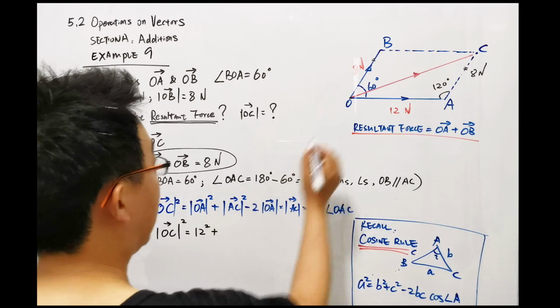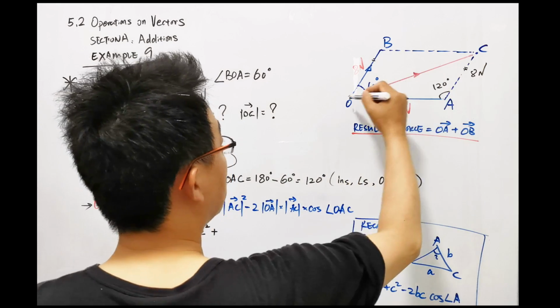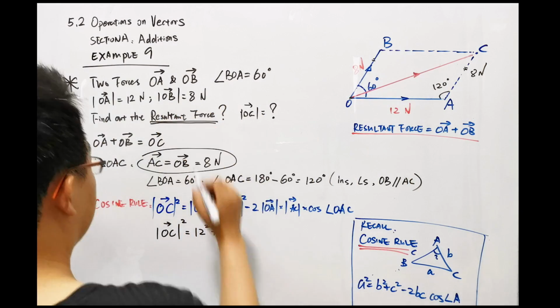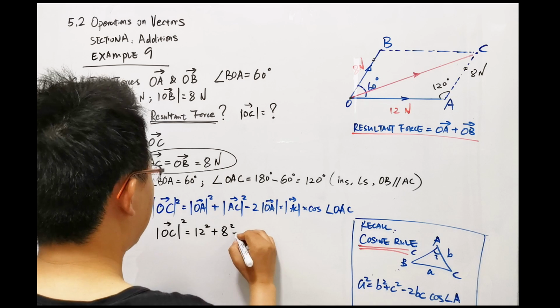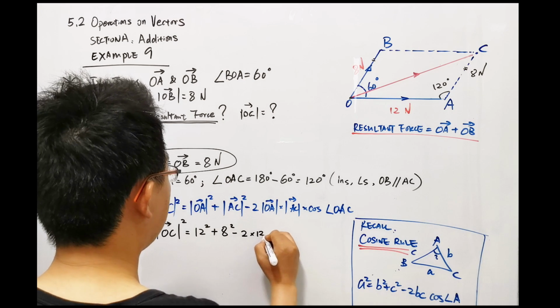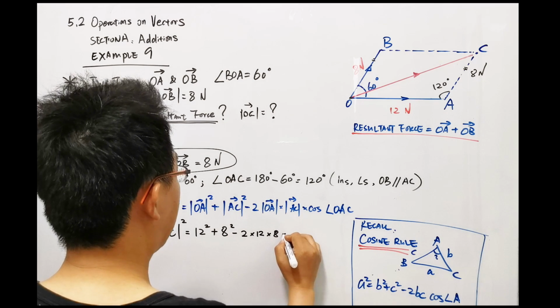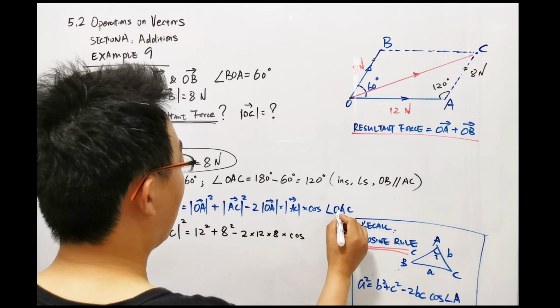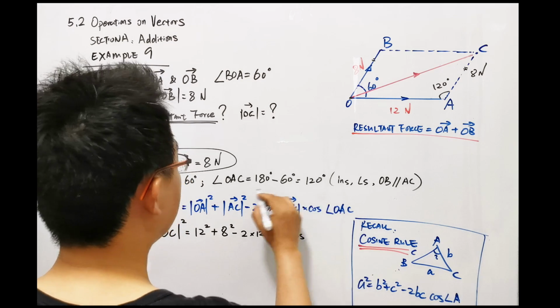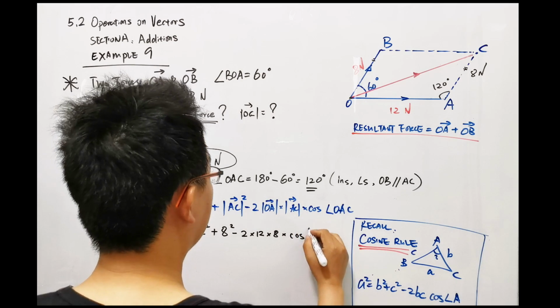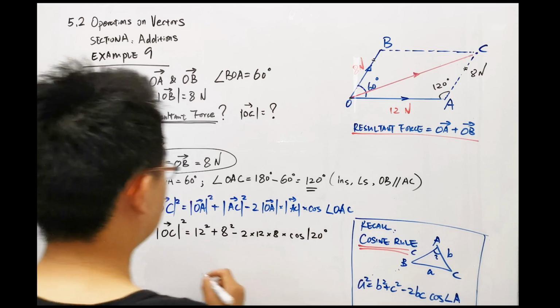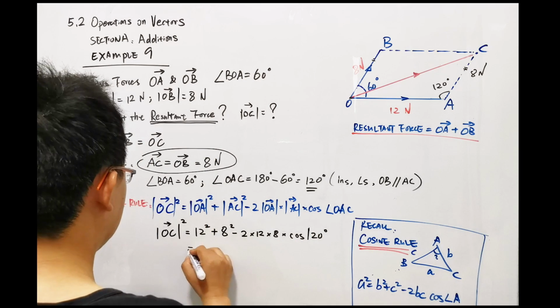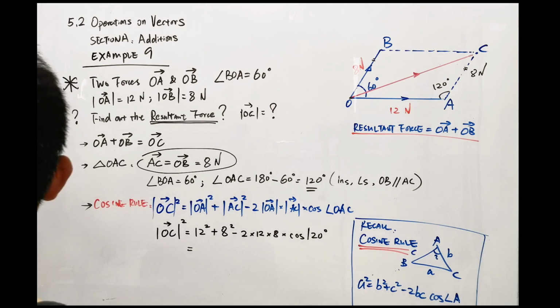So AC equals to OB, and OB is here. So 8 squared minus 2 times 12 times 8 times cosine OAC. So what's OAC? OAC, just bring in 120 degrees. So from here, then we can work out.